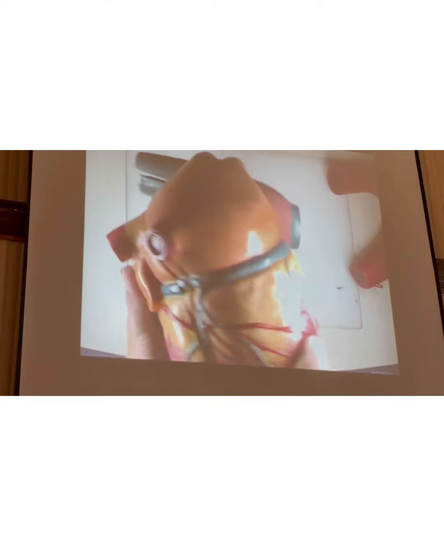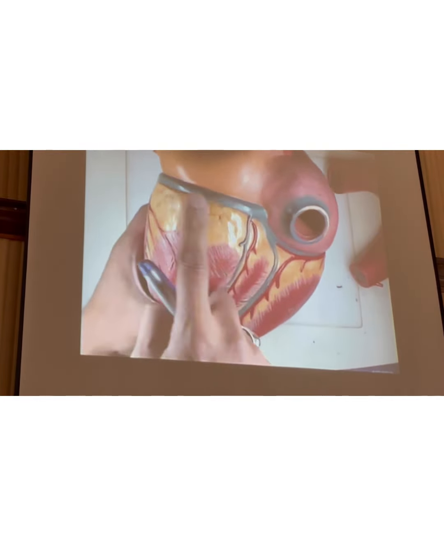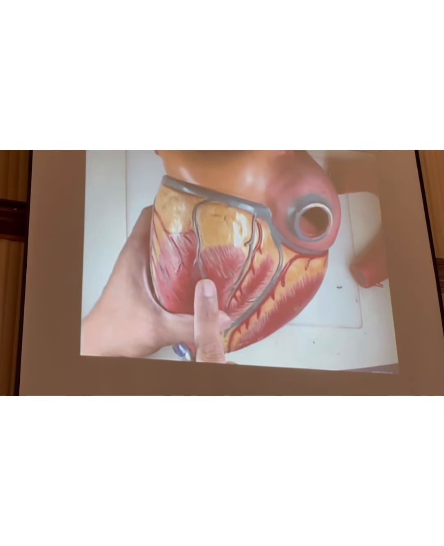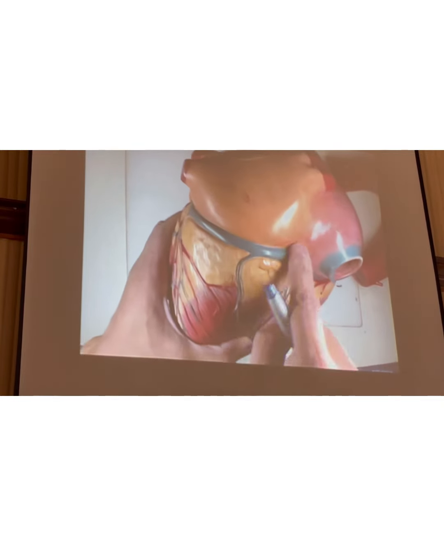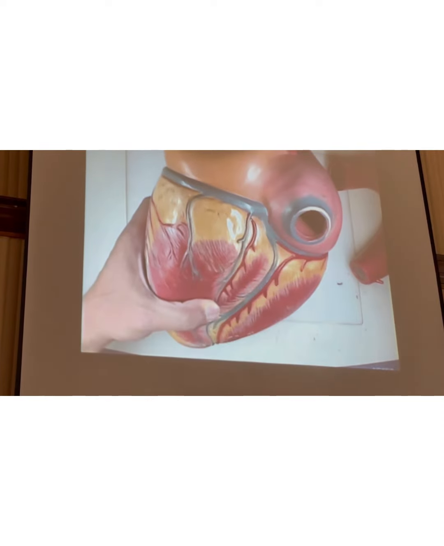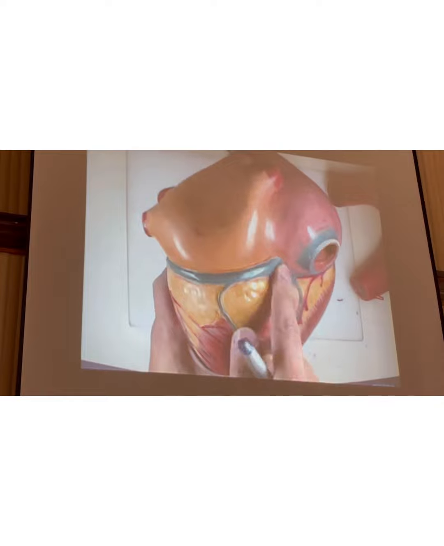Where is the coronary sinus? It runs posteriorly in the atrioventricular groove between the left ventricle and left atrium. This is the coronary sinus, until it opens into the right atrium. Clear? Medial to the inferior vena cava.